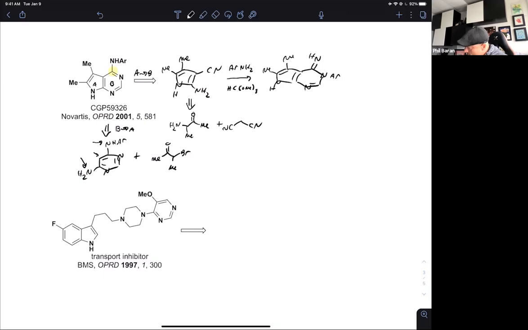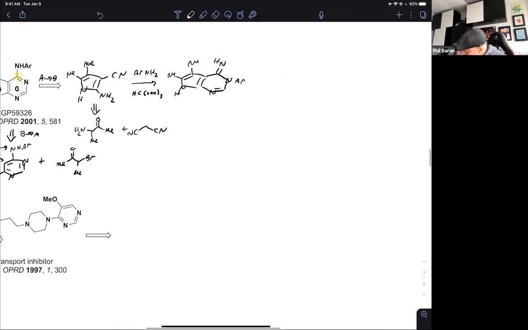Now, in a stroke of real brilliance here, the process chemists simply take this compound and heat it up with ethylene glycol and water and ethanol.